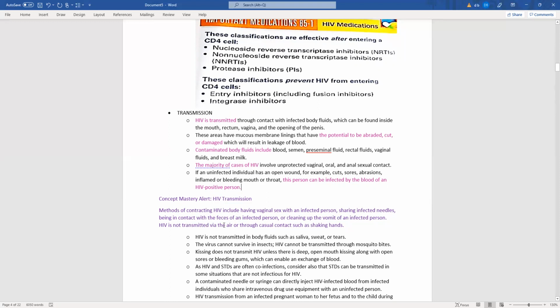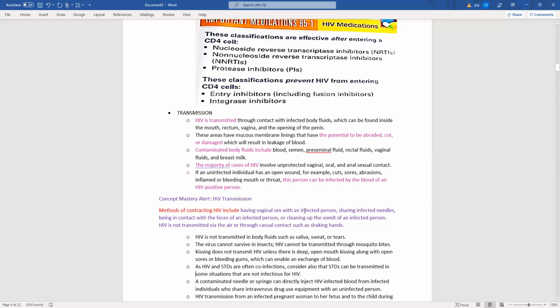HIV is not transmitted through the air or through casual contact, such as handshaking. This looks like a select all that apply question. Methods of contracting HIV. I will make that red.